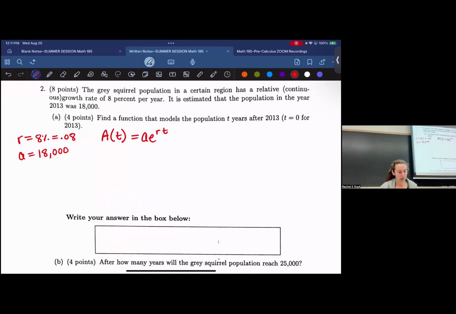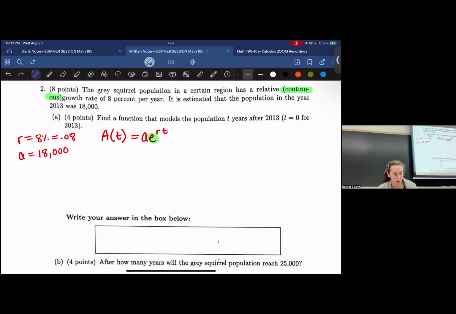So we have our general equation when we're dealing with continuous growth. That's a key word that you guys want to look out for on your final exam tomorrow. If they put in continuous, you know that your equation is going to have our e in there. And so part A is asking us to just find a function that models this population.